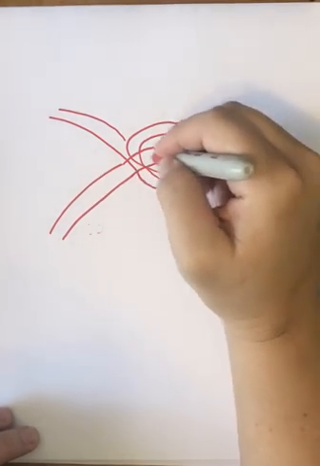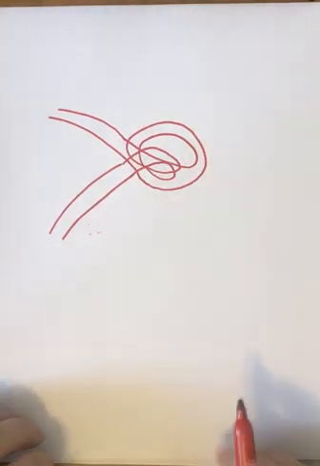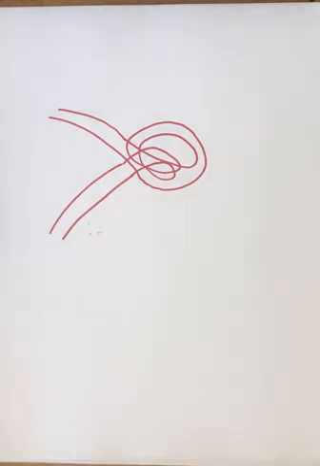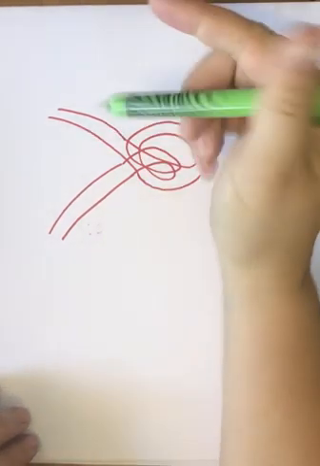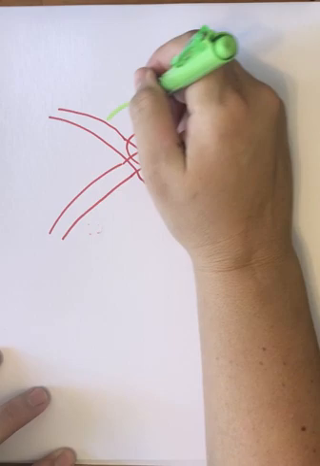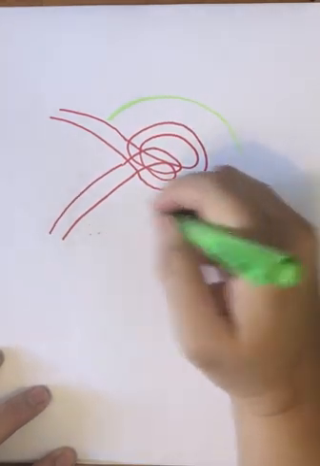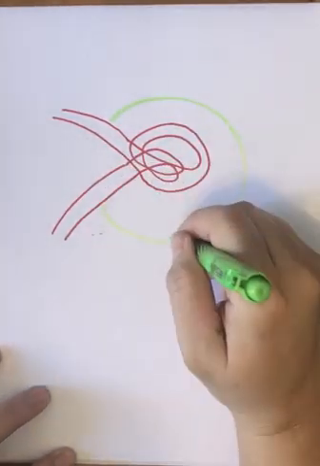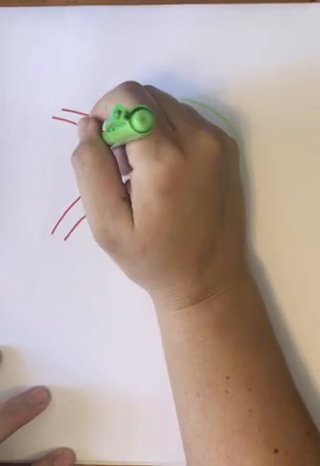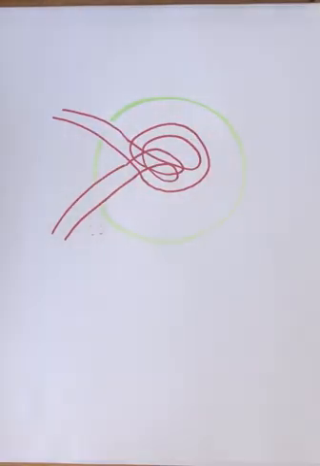It doesn't have to be perfect, but it's something like that. So we have to draw, and give yourself room, the glomerular capsule. So this is the renal corpuscle.